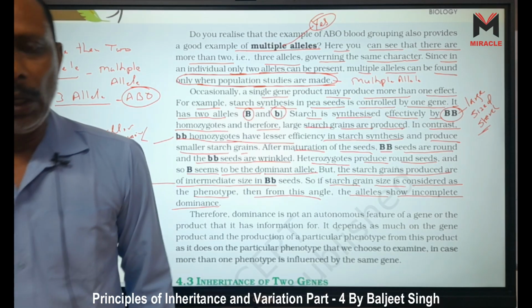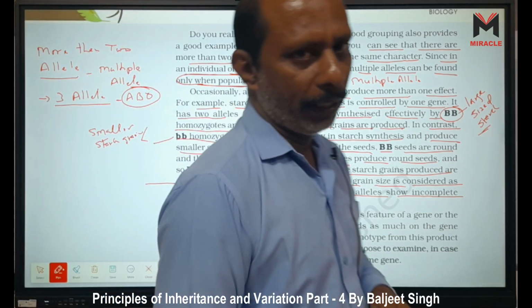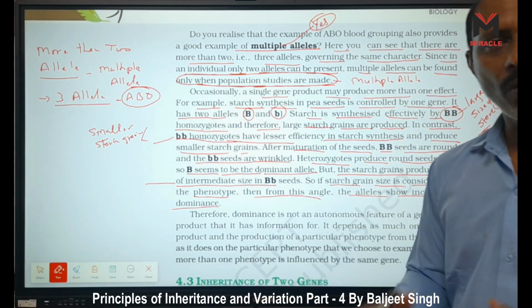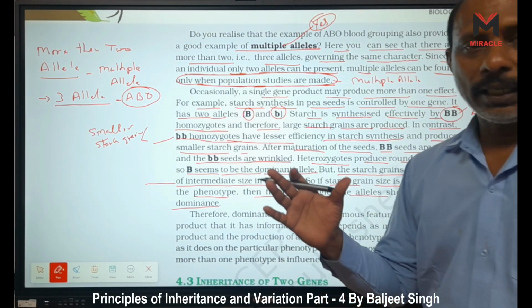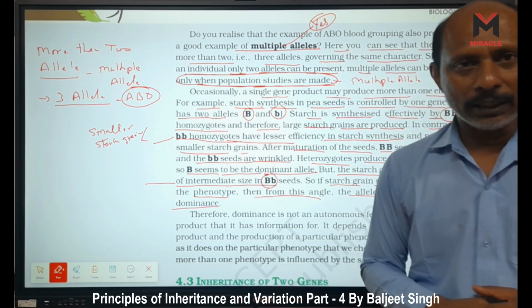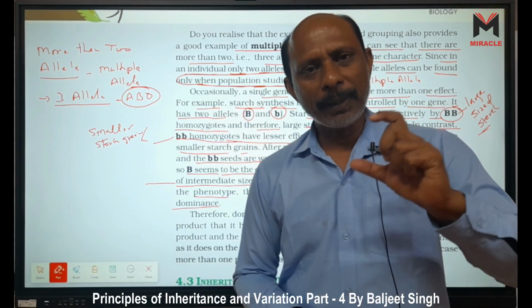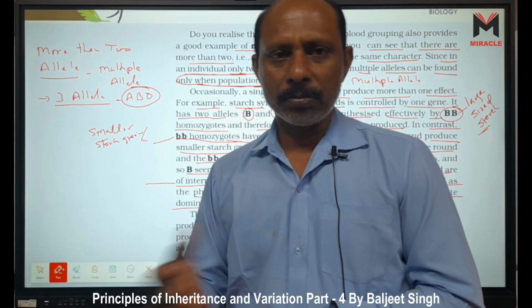Do you understand? When we consider the shape of seed, then it shows the law of dominance. But when we consider the phenotype as starch grain size, in heterozygous condition, capital B small b, an intermediate size is formed, which does not tally with capital B or small b.